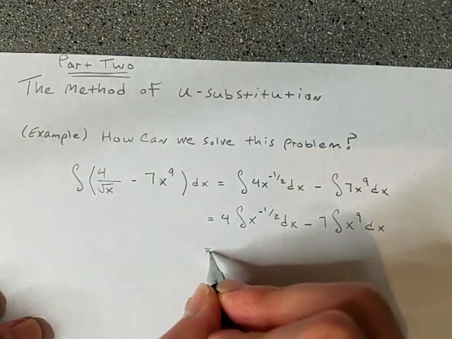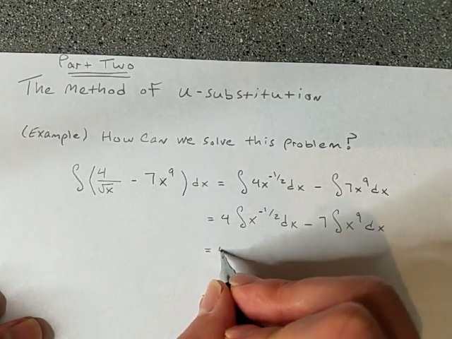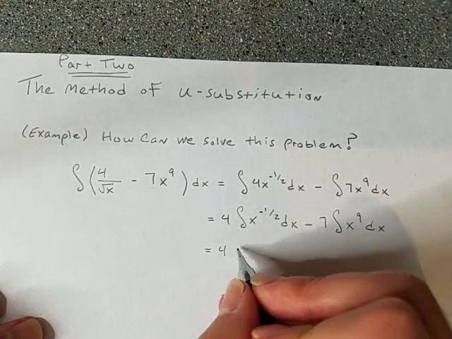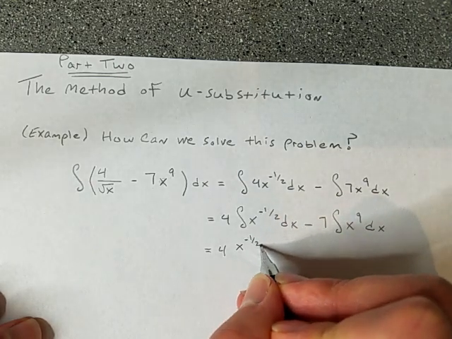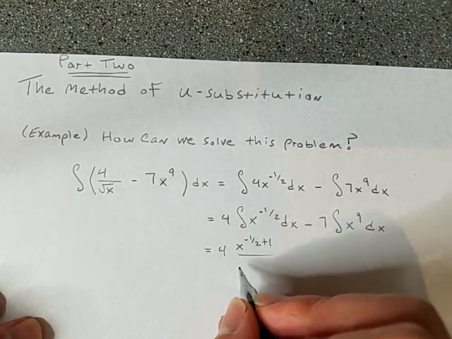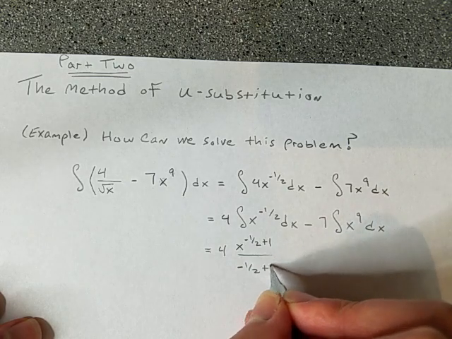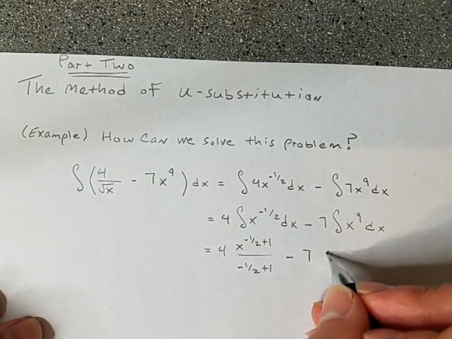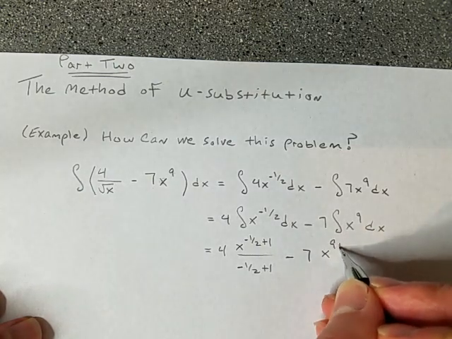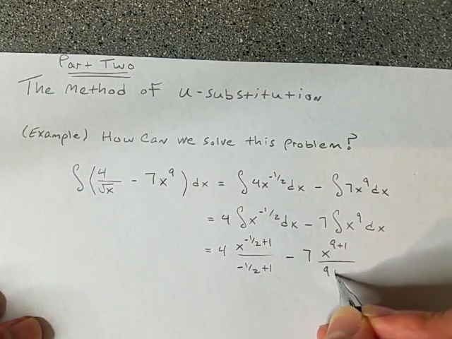Now, what's your answer to this one? Well, 4, okay. x, so I add 1 to this, so I take negative 1/2 plus 1 over negative 1/2 plus 1. Okay, that's what that rule said. I carry down the minus and the 7, and then I add 1 there, and there.